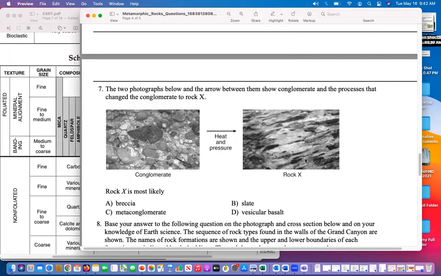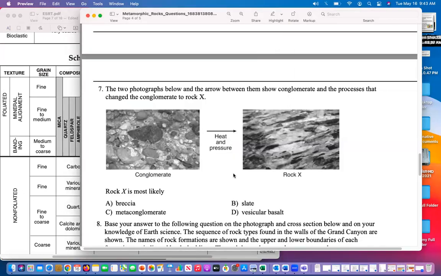One of the things that I see is that the two photographs show conglomerate and the process that changes it to rock X. Heat and pressure was added to it, and it looks like the pebbles are stretched out, right? Doesn't it look like it's kind of stretched out?